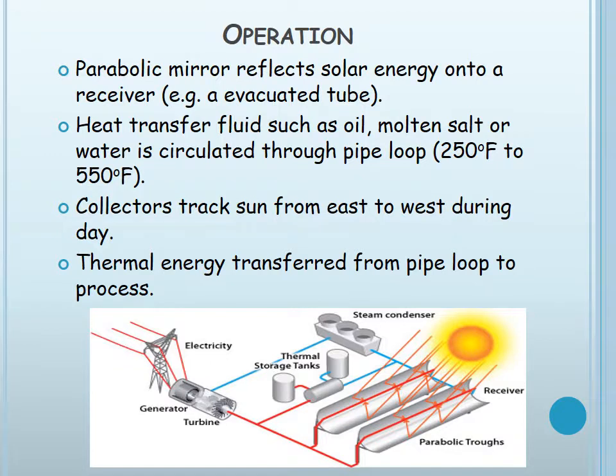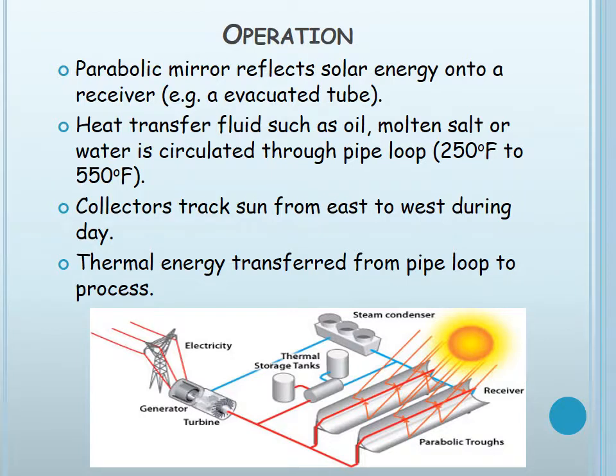So now we're going to talk about the operation of the parabolic concentrators. First, the parabolic mirror reflects solar energy onto a receiver. So first what happens, the sunlight falls onto the mirror and reflects onto a receiver. As you can see in the previous image, there's a tube attached, the straight one, so that's the receiver.